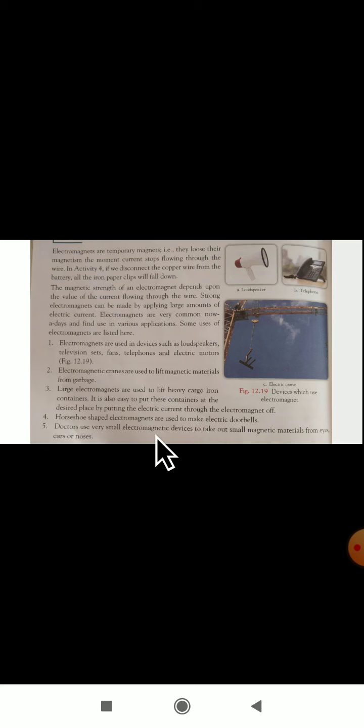Large electromagnets are used to lift heavy cargo iron containers, and it is also easy to put these containers at the desired place by switching the electric current off. Horseshoe shaped electromagnets are used to make electric doorbells. Doctors use a very small electromagnetic device to take out small magnetic materials from eyes, ears and noses.